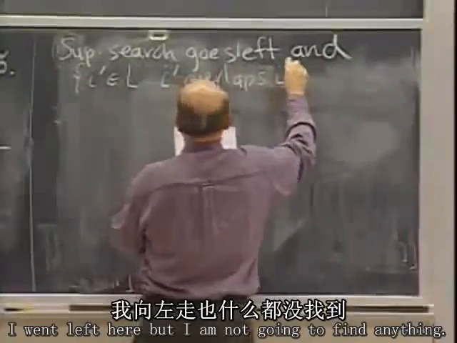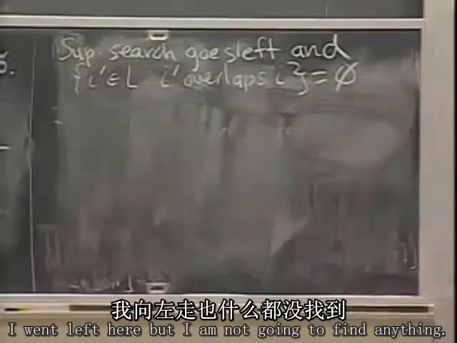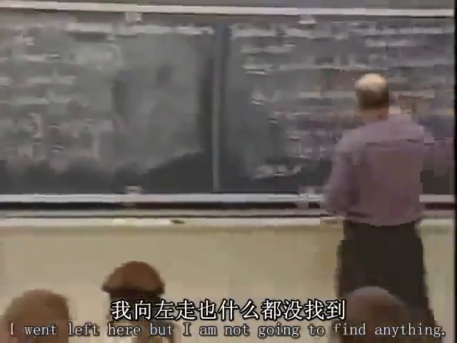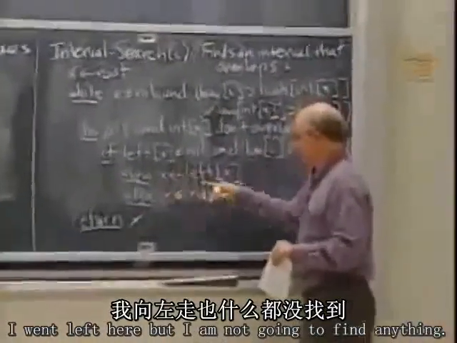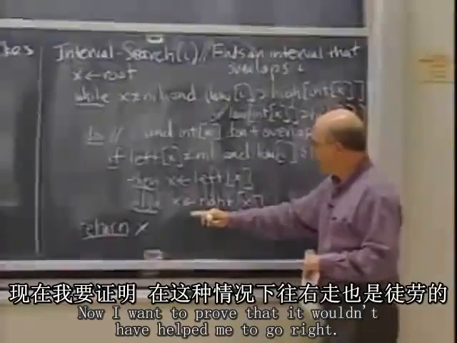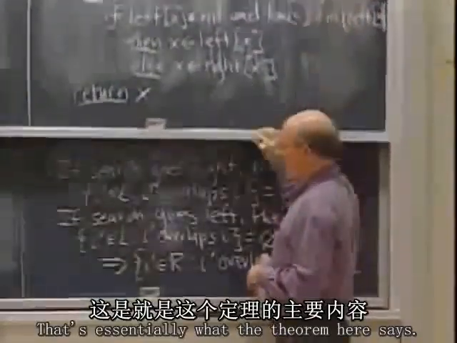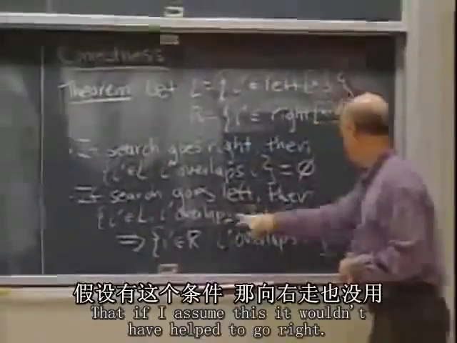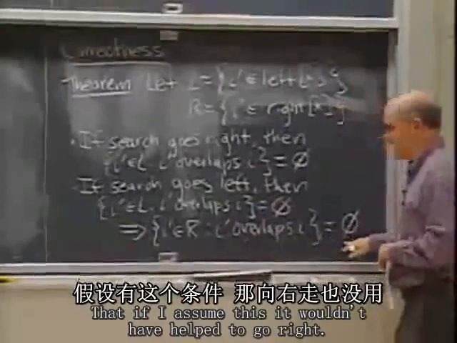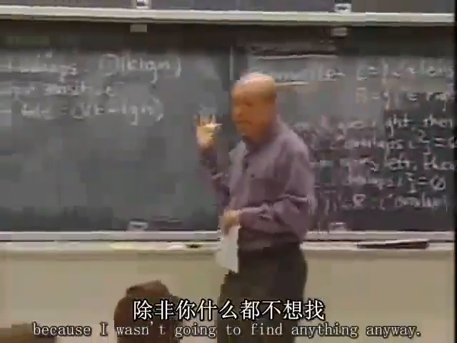Now, I went left here, but I'm not going to find anything. Now I want to prove that it wouldn't have helped me to go right. That's essentially what the theorem here says, that if I assume this, it wouldn't have helped to go right. I want to show that there's nothing in the right subtree. So going left was okay because I wasn't going to find anything anyway.